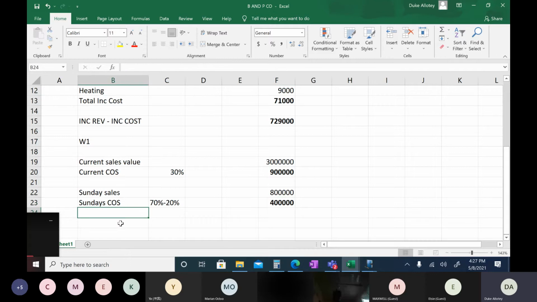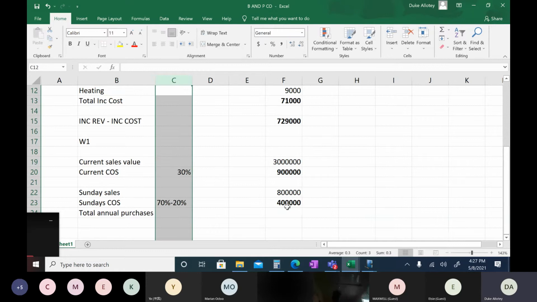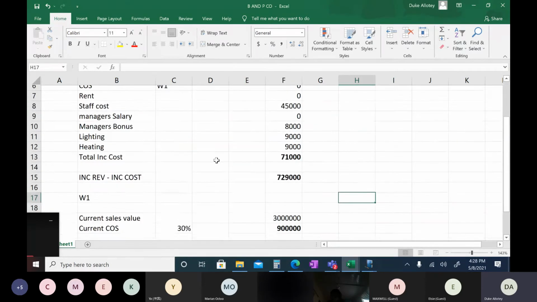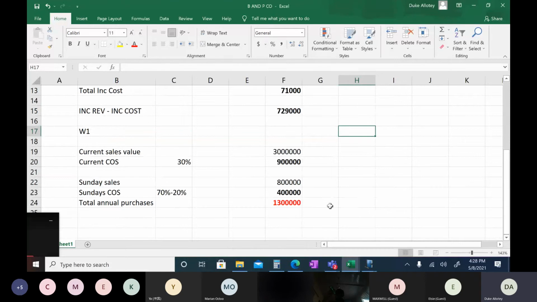Then all I'm doing is the total annual purchases, which will simply be the 900,000 add on. I've explained this on paper, so that shouldn't be difficult to catch. If I missed any point in here, I can cut and paste and insert that.